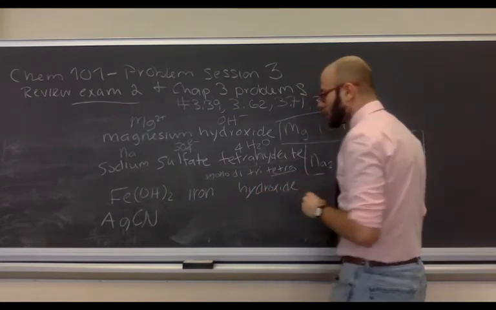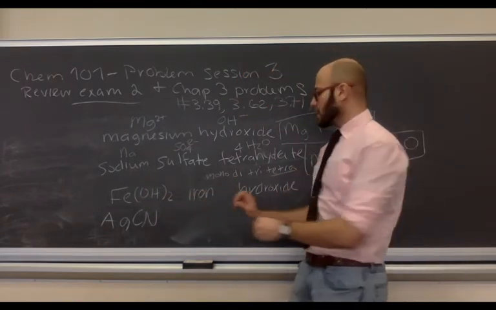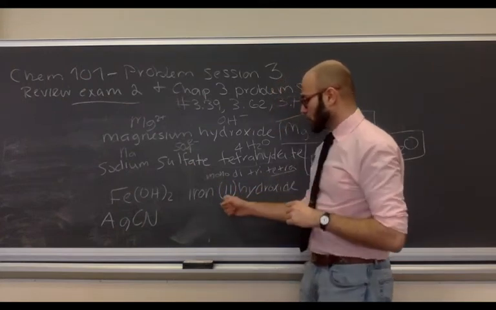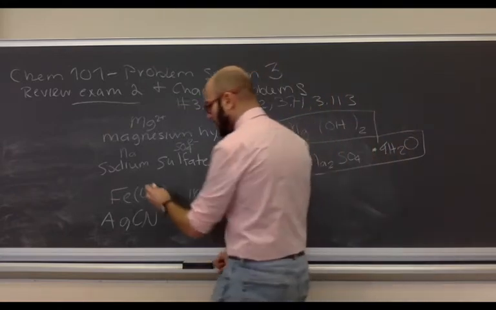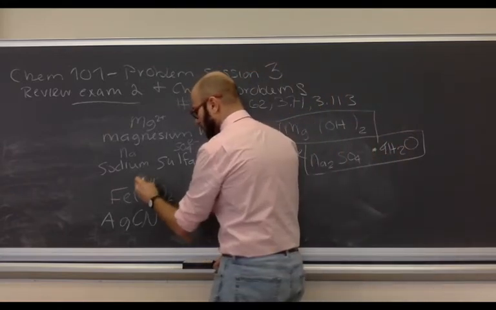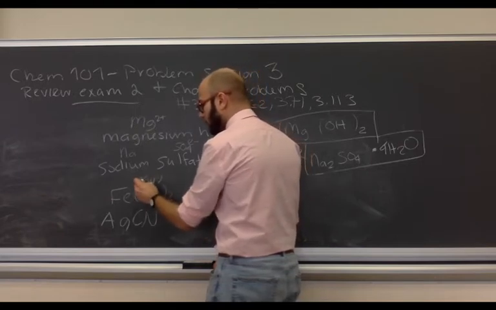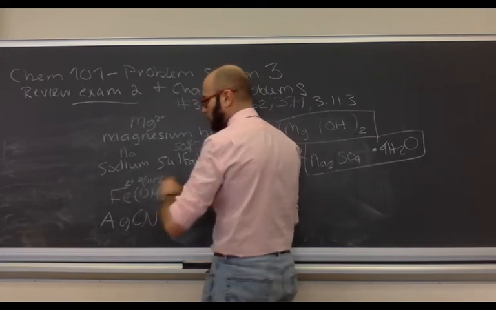But now we would need to know the charge, right? Because this could be iron 2, it could be iron 3, if we just had the name. So one of the things we do with transition metals is we put the charge in here. And if you're asking how did I know what the charge was, well, if OH minus is the species on its own, and if we have two of them, we know that there are 2 minus over here, and so there must be 2 plus over here.